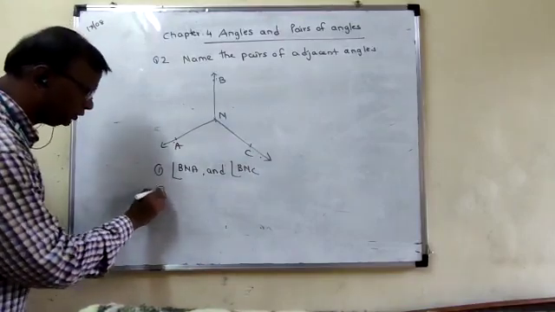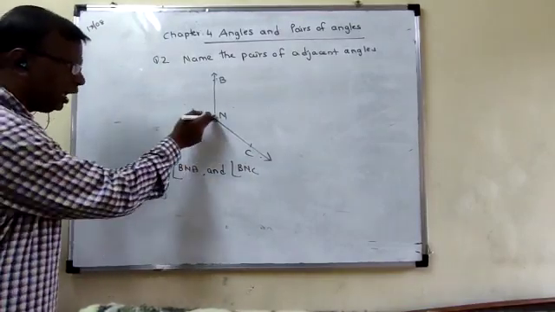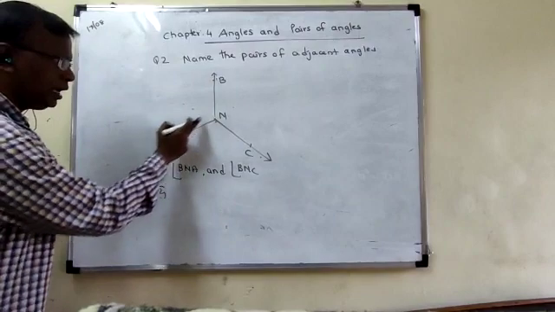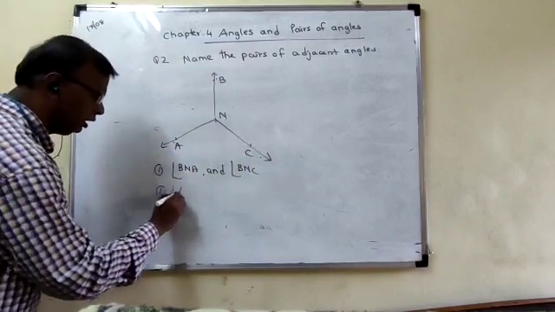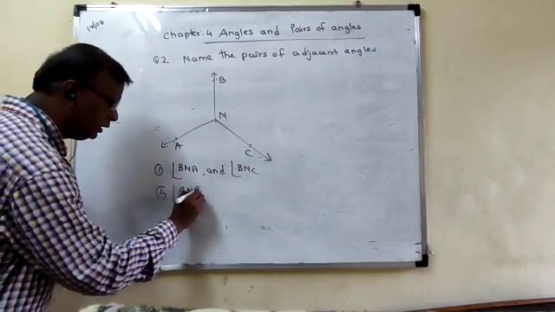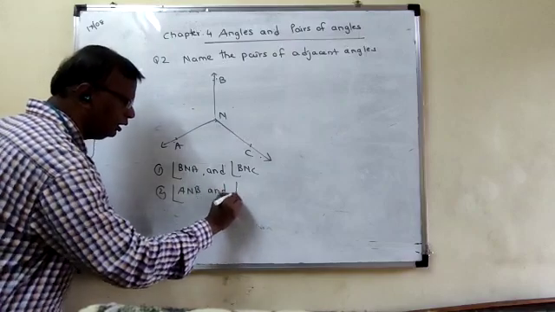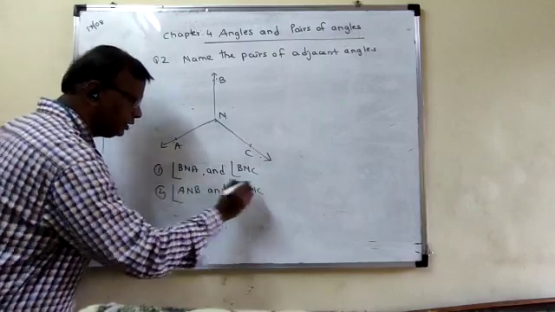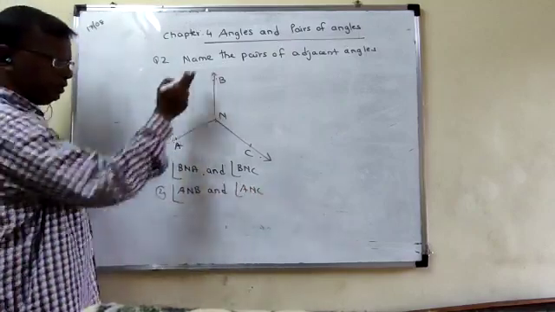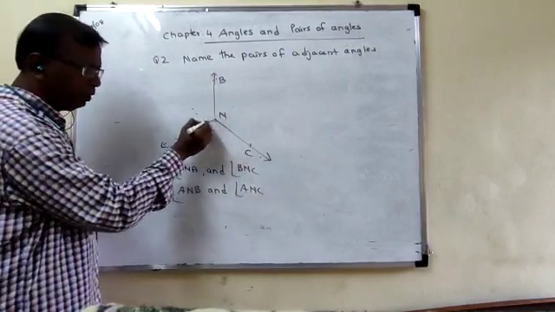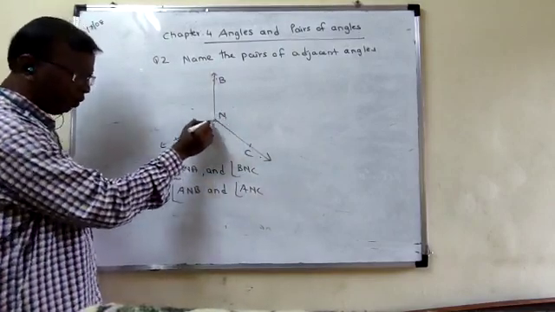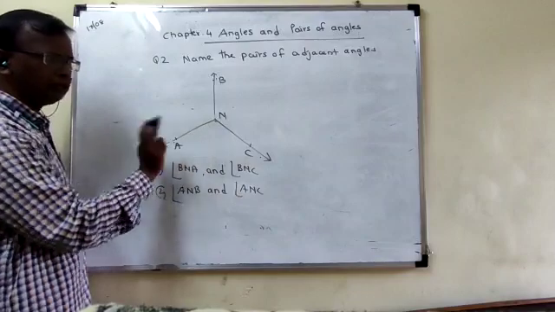Second one, I'll go with this one. A and B, and A and C. Common vertex, common arm, separate interior.